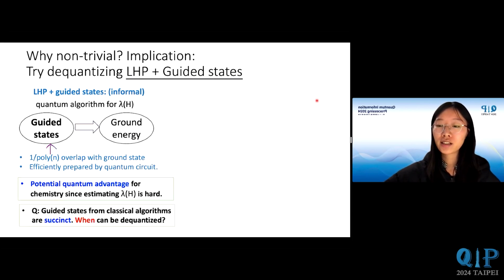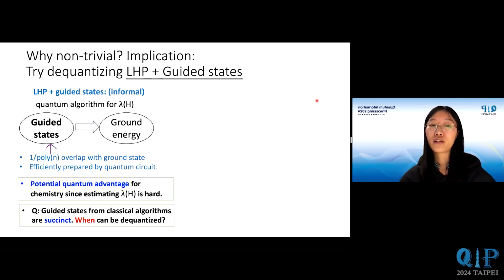But on the other hand, I think we should always be very careful when we claim quantum advantage. We should be careful particularly for this algorithm based on guided states, because in this algorithm we make a very non-trivial assumption. We assume in the beginning we have guided states, and most proposals say we can get guided states from existing classical algorithms.